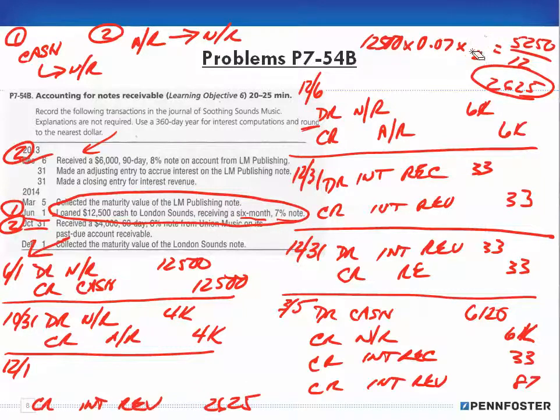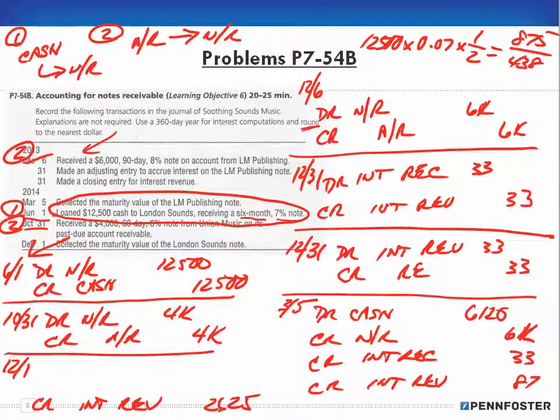Now, like I said, it's 6 months, and as I was writing this, mentally I think, okay, it's 6/12, because when I'm working, I don't just do things blindly, I would have actually converted the 6/12 to 1/2. So then I'm only doing the math of 12,500 times 0.07, which would have given me 875, and in my mind, 875 easily, I would have divided by 2, which is 438.